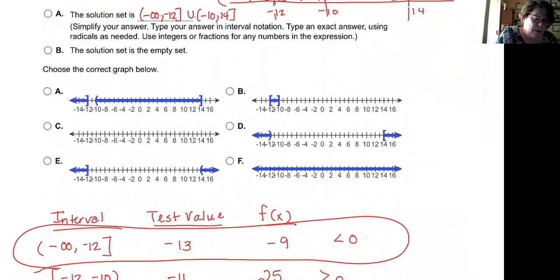Which of these 6 graphs describe the union of the two sets from negative infinity to negative 12 and from negative 10 to 14 with a parenthesis on the negative 10? I think that looks like A. How about you? Does that look correct? Can't be any of the other 5 graphs.